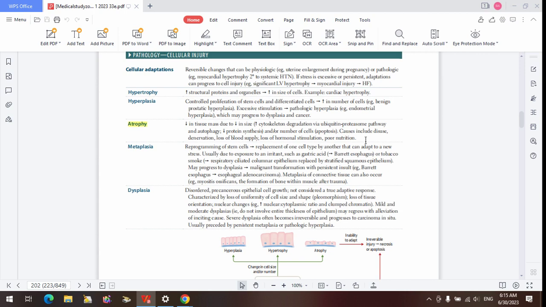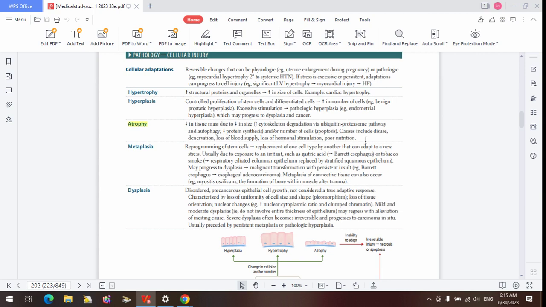So the stratified squamous is capable of handling the smoke irritant. The stratified squamous can further progress to dysplasia and eventually squamous cell carcinoma, when the irritant persists and is not stopped.